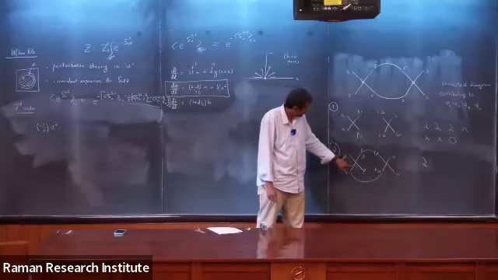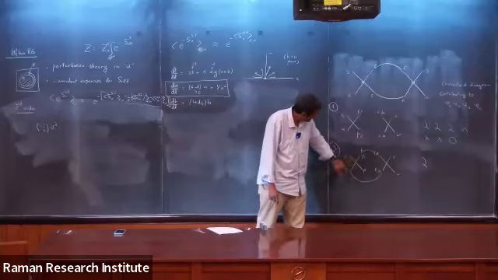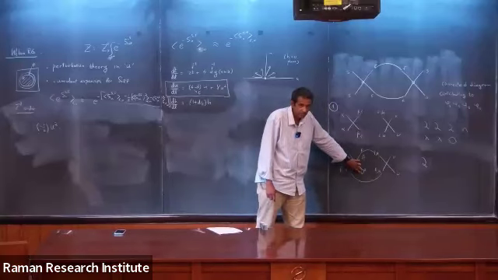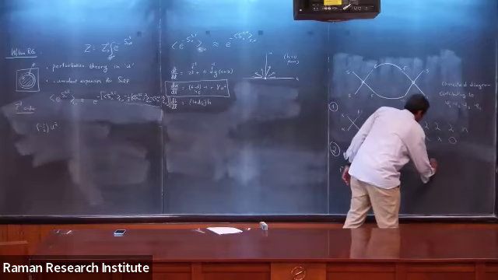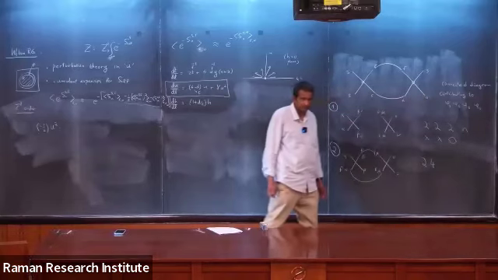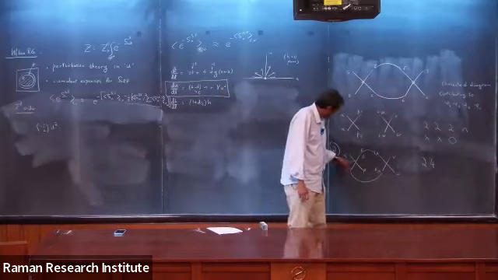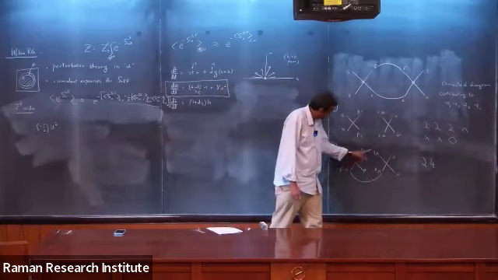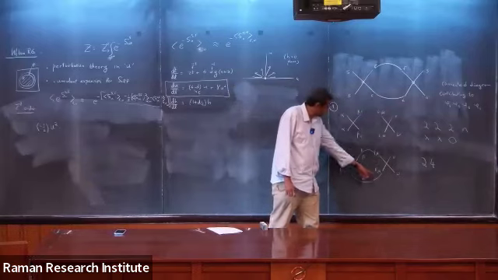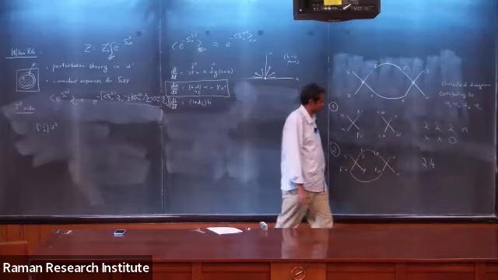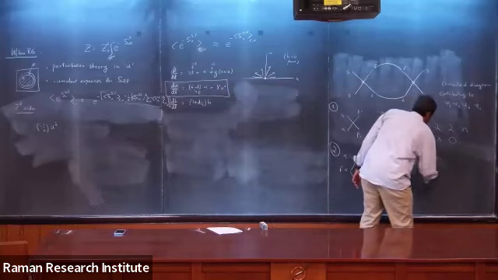I could have picked alpha, beta, or alpha, beta, alpha, beta, alpha, beta. And once I pick these two, mu could either connect to alpha or to beta. So there's a factor of 2 associated with this.